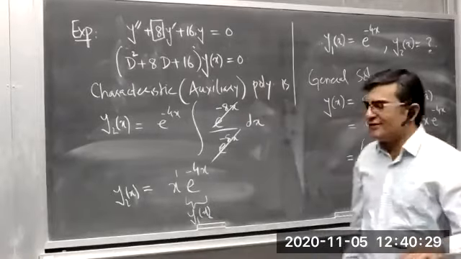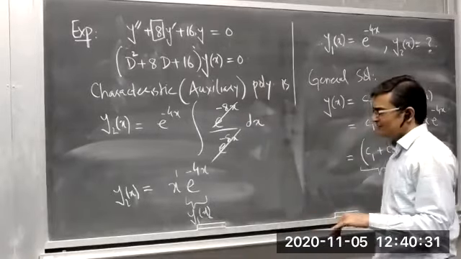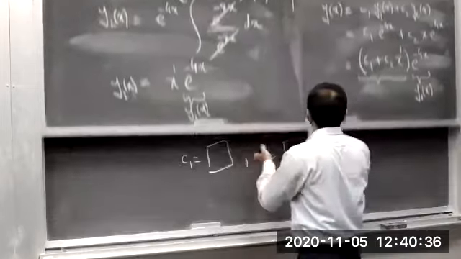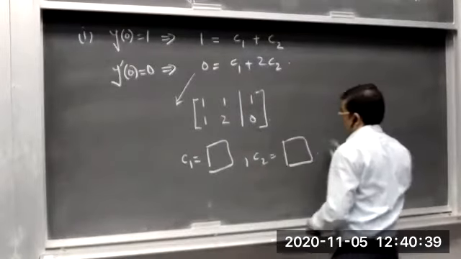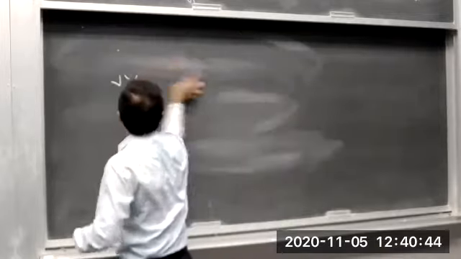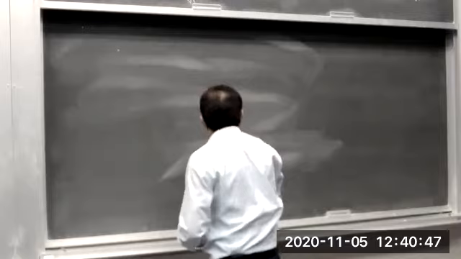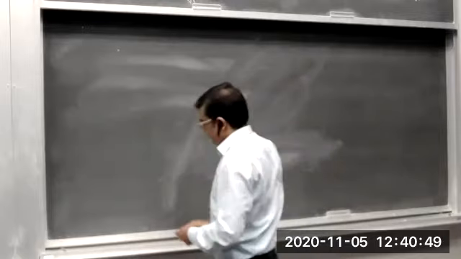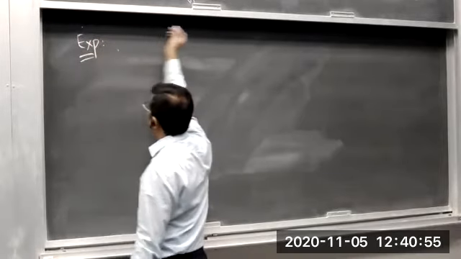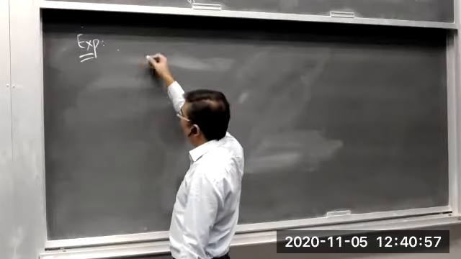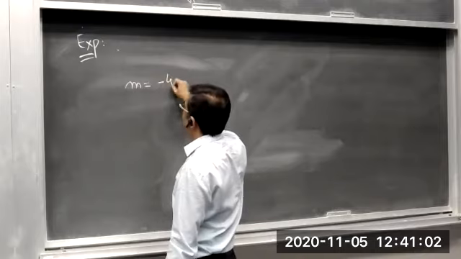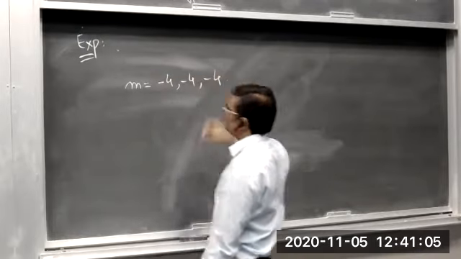If we have a third order differential equation and 3 identical roots, for example, whatever the equation is, and the auxiliary equation is a cubic polynomial, and it has 3 roots, which are minus 4, minus 4, and minus 4.